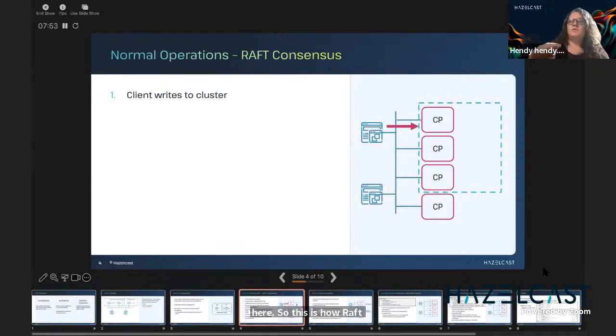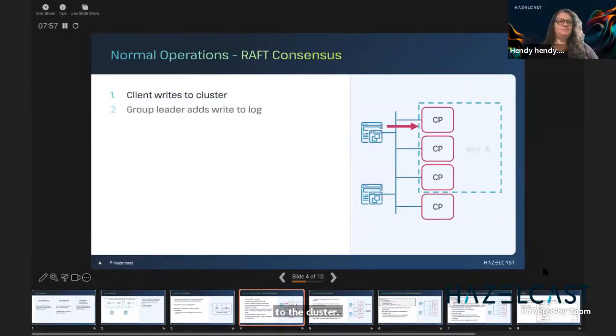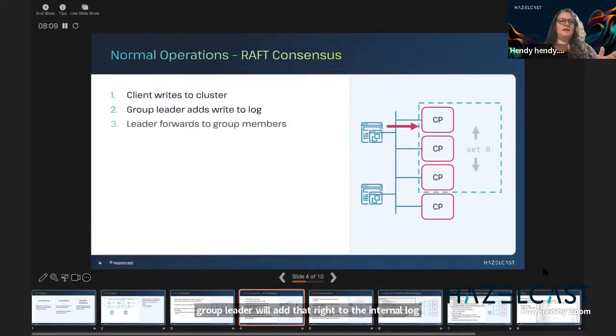The client will write to the cluster. So here's my data update. Within this group, there is a designated group leader. The group leader will add that write to the internal log, saying, okay, we've got data that we have to update. It's then going to send that update to all the other group members saying, okay, everybody, here's the newest data. Don't respond to anybody yet.